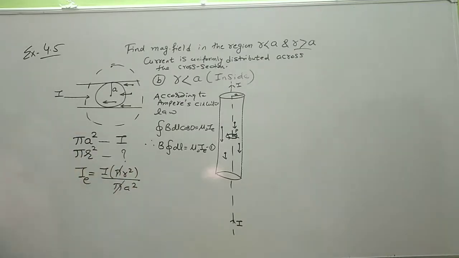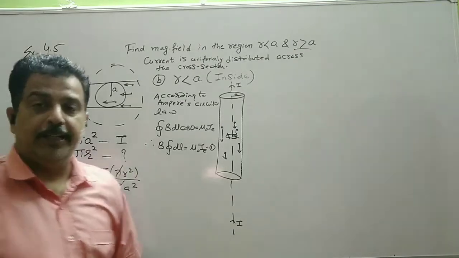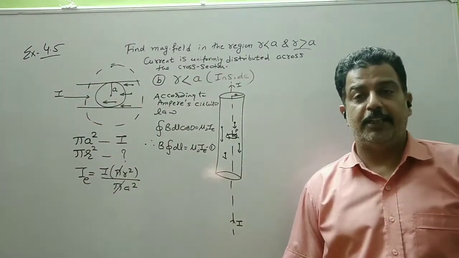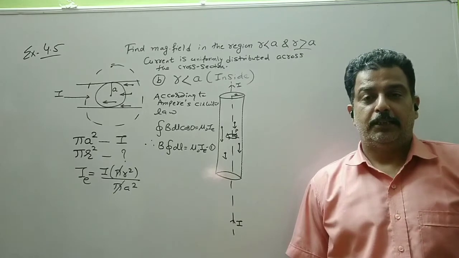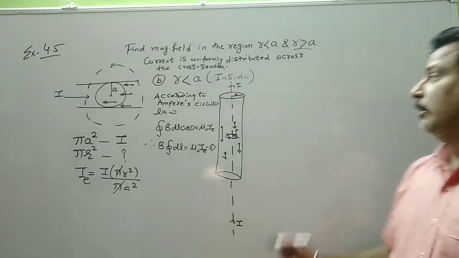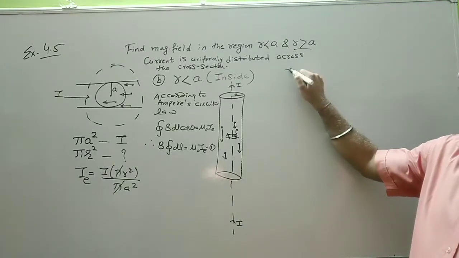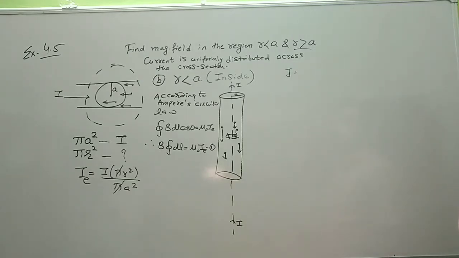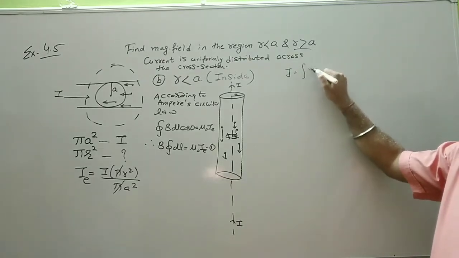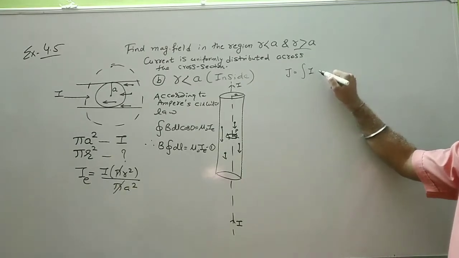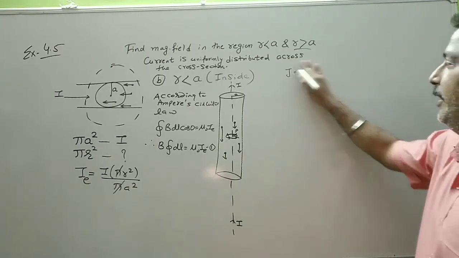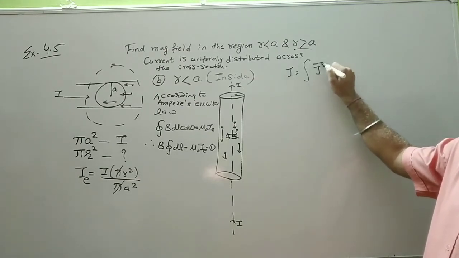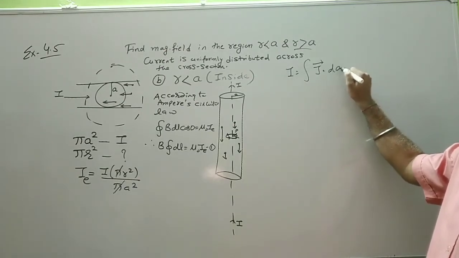This is one way. Another way is to define current density. We know that J was equal to, and the current I was equal to the integration of J dot dA.